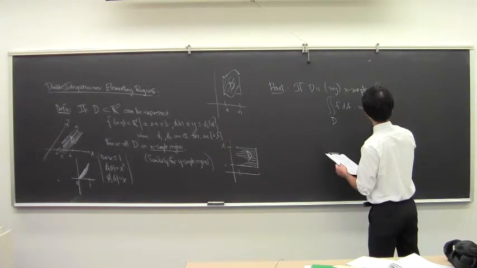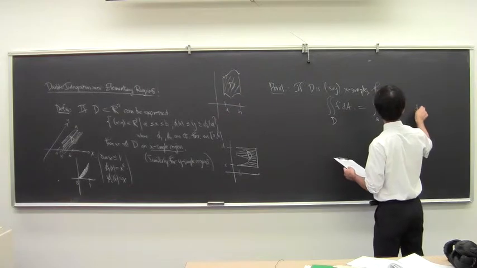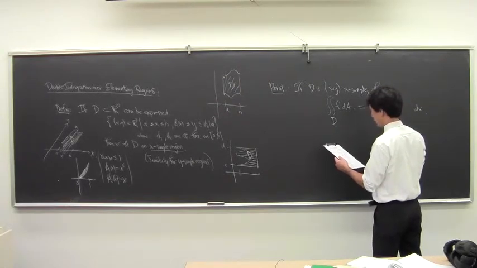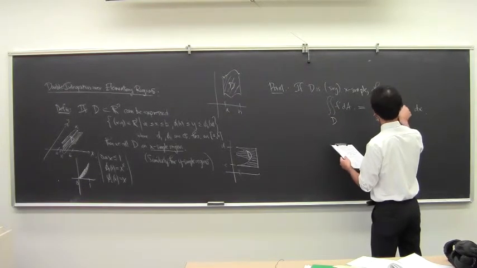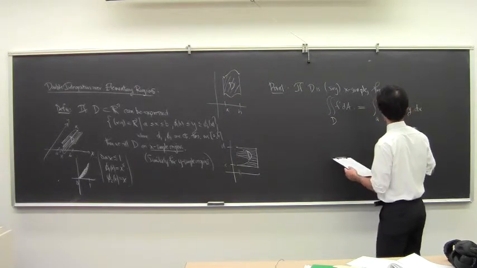It's going to be the integral from a to b with respect to x of the integral from phi1(x) to phi2(x) of f(x, y) dy.